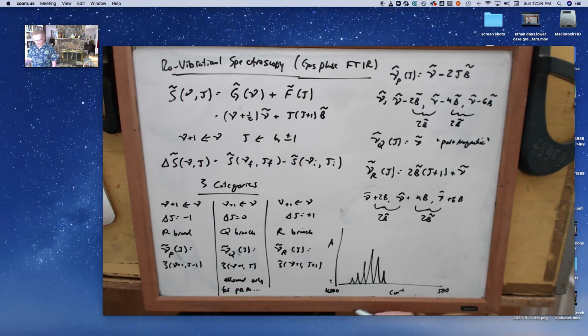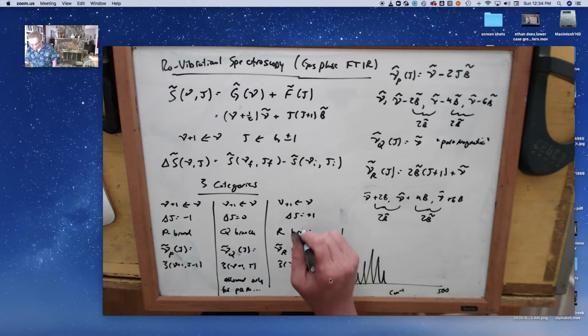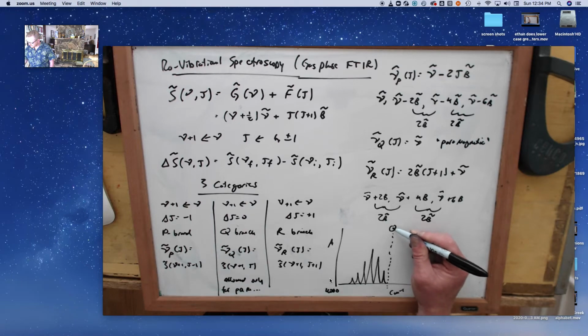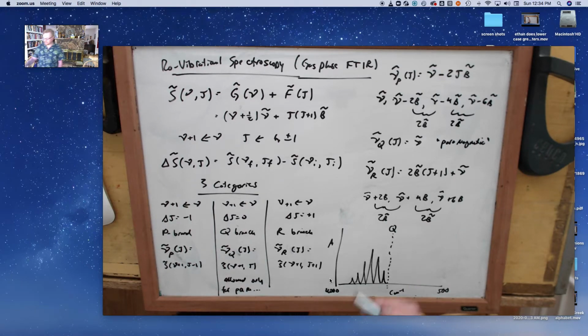So this, at the higher energy side, would be my R branch, because it's J plus 1. It's increasing the energy. So I'll put a dotted line right here to say this would be Q if it existed. So this has got to be the R branch. And then my P branch, because it's J minus 1, it's decreasing the energy.